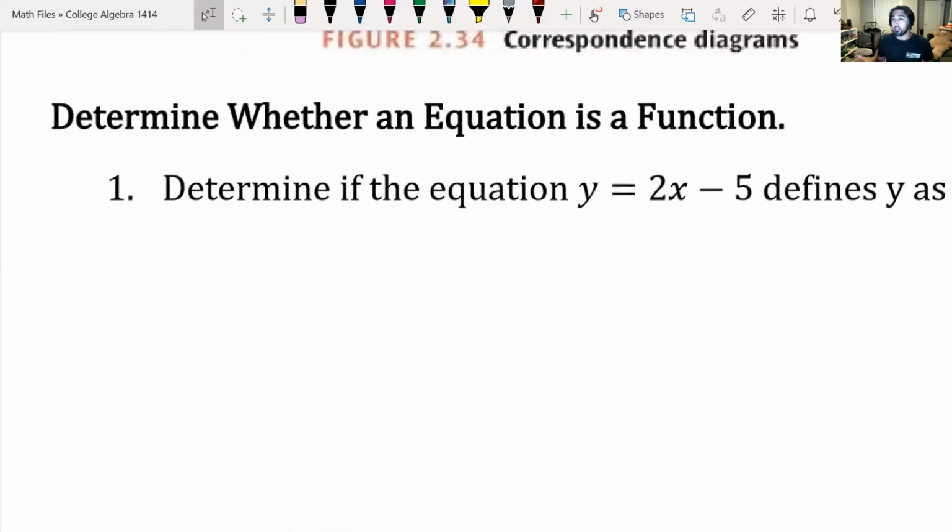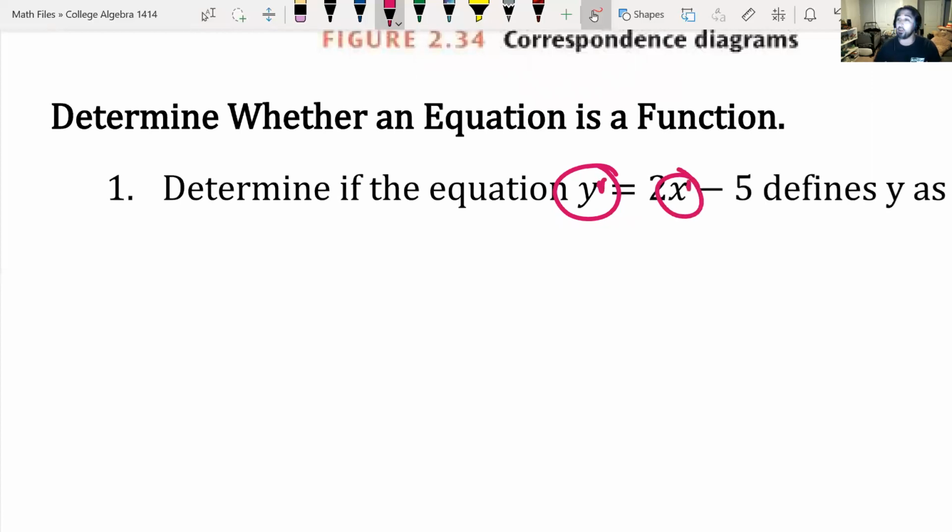So remember, to be a function, one x has one y. So one giveaway could be the exponents. And when I say exponents, I mean just look at the exponent on y. So this y variable has an exponent of 1.